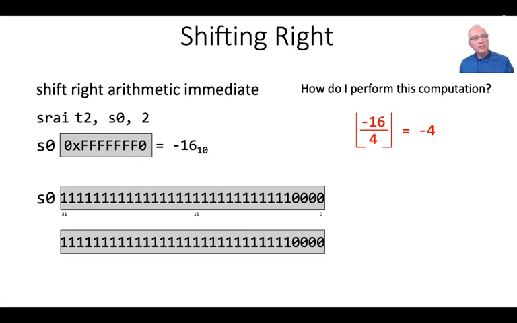Therefore, when I do a shift right arithmetic operation, I will again be losing the two least significant zeros, but on the left-hand side, I'll be inserting digits that are identical to the most significant digit that I had in my original number. So this way I can compute the floor of minus 16 by 4 and obtain minus 4. So this result is minus 4.